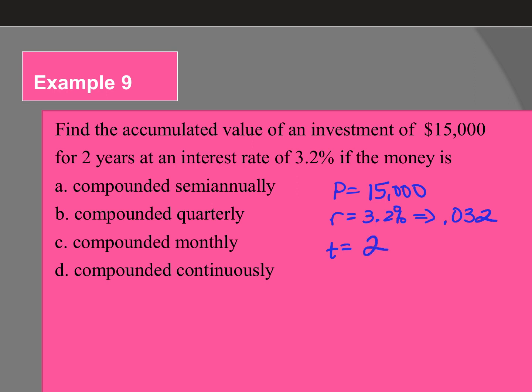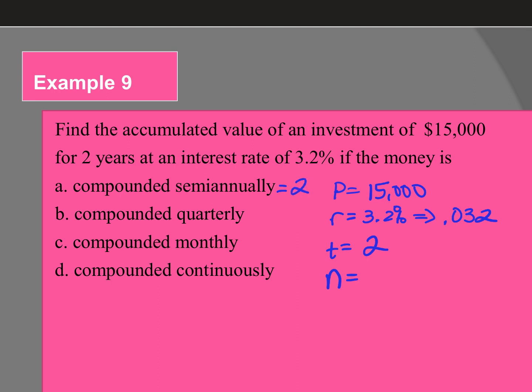All three of those things are going to be the same in all four of these problems. What changes? What variable changes in these problems? The N. If something is compounded semi-annually, how many times does something happen?